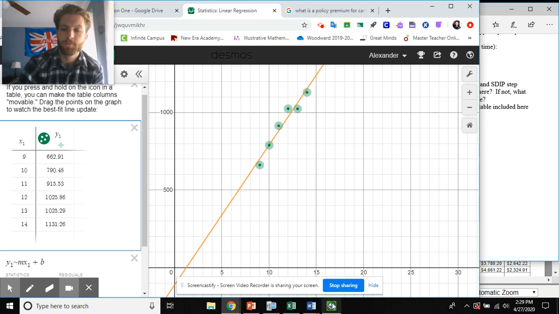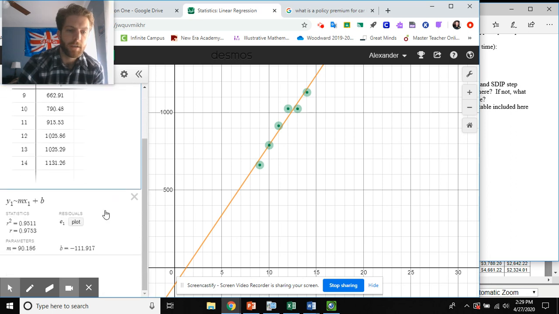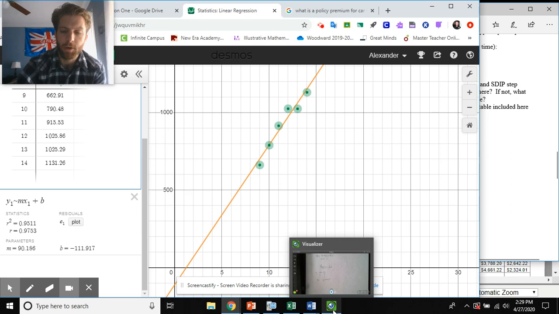Okay, so using the linear regression line that you get for exercise 2 and exercise 1, you'll be able to find out what all of your predicted values are. I'm going to go back to the cam real quick to show you an example of how to find those predicted values.